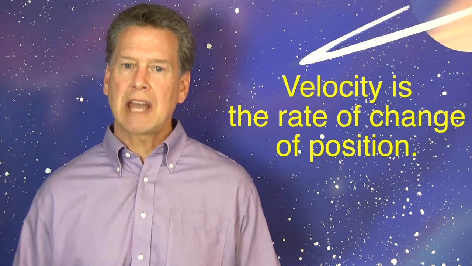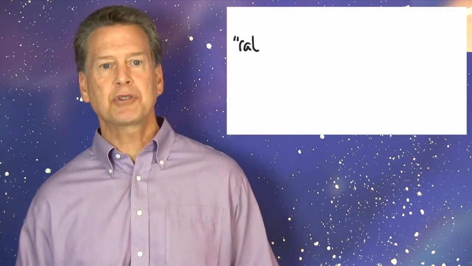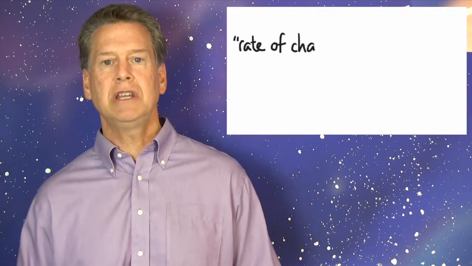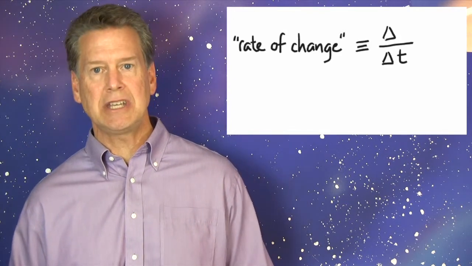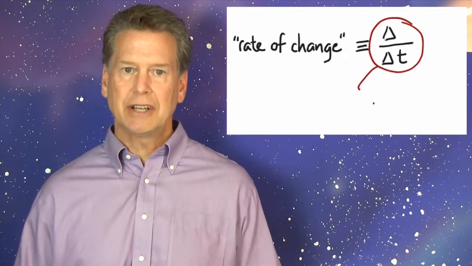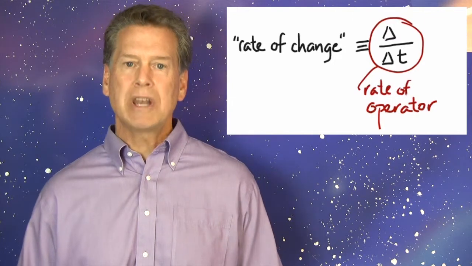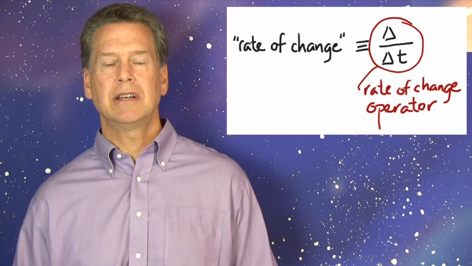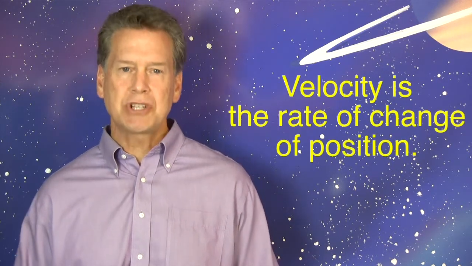Not only do those words capture what we mean normally by velocity, but those words are precisely accurate if we interpret rate of change to mean what is described by delta something divided by delta t. That delta divided by delta t is called an operator. When it operates on any physical quantity, it symbolizes the rate of change of that quantity. That's very handy. Remember that. Velocity is the rate of change of position.